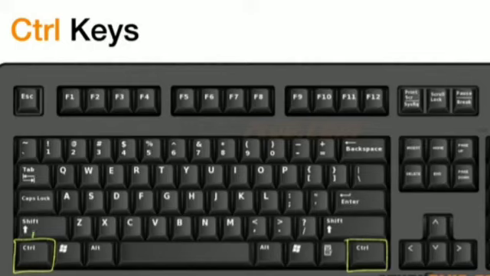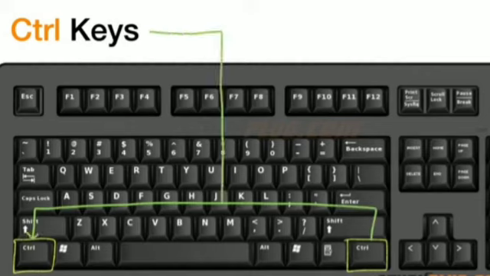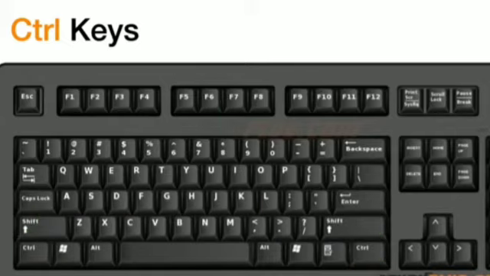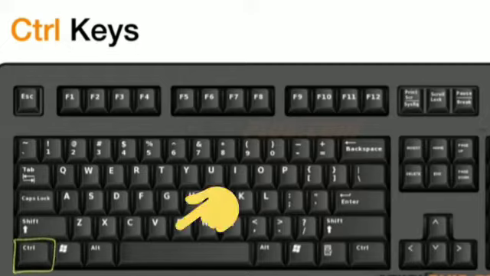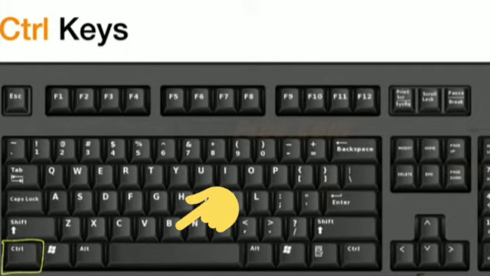Now children, the next type of key is control key and it is written CTRL on the keys. We can use the control key in the same way as we use the shift key. We have to use the control key combinations to provide shortcuts for many tasks. If you press and hold control key and B alphabet key, then the selected text becomes bold.